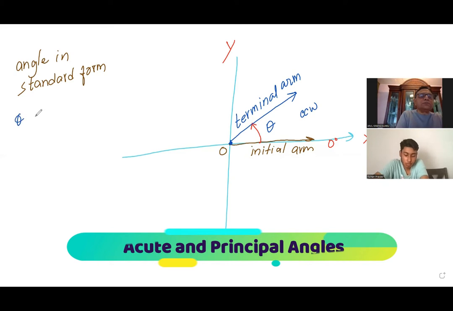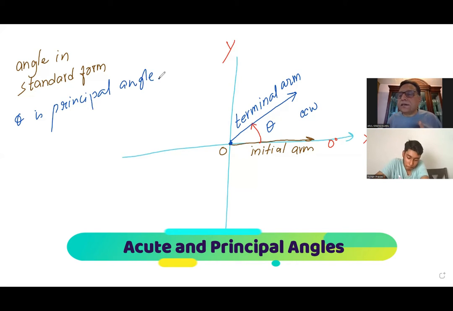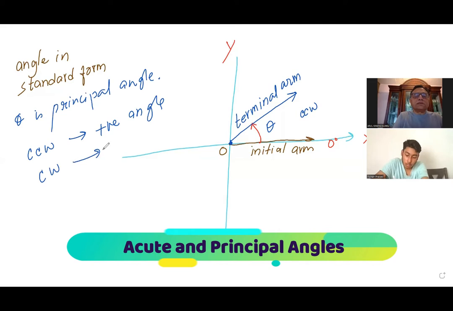So here, theta is the principal angle. Okay, sir. So the principal angle is the angle when the initial arm is along the x-axis, the vertex is at the center, and the terminal arm is rotating counterclockwise. So we also sometimes say counterclockwise means positive angle, and clockwise means negative angle.